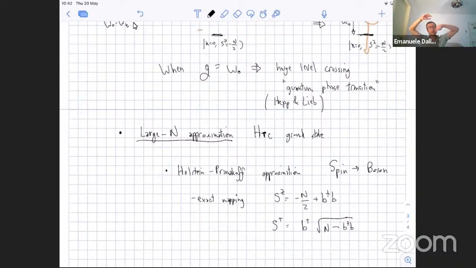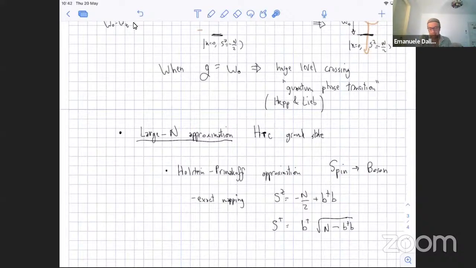When you have added n bosons, you have gone from minus n over 2 to plus n over 2, and then you cannot go up anymore. So this term tells you that if you try to apply sigma plus to a state that already has n bosons, you stop. You cannot go up anymore.